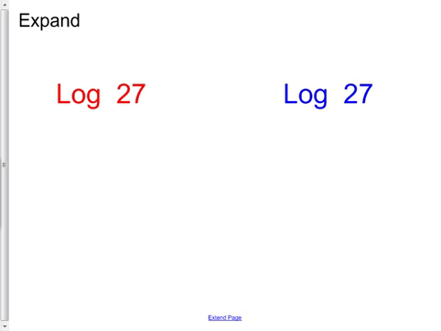Expanding this. Well, wait a minute. There's only one thing, 27. But couldn't I write the 27 as something else? What could I make the 27 into? Two things you could make it into. Give me either one. There's actually 4 things you can make it into. Give me something 27 is. 3 cubed. 27 is 3 cubed.